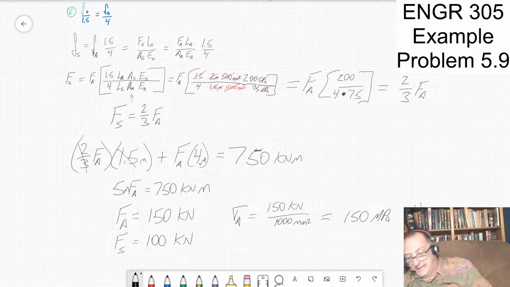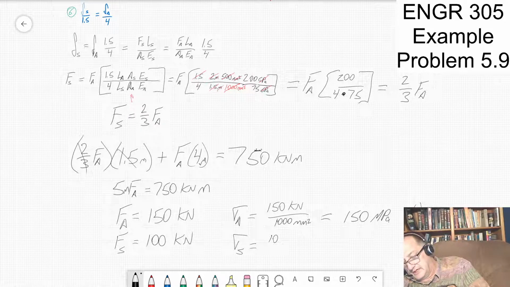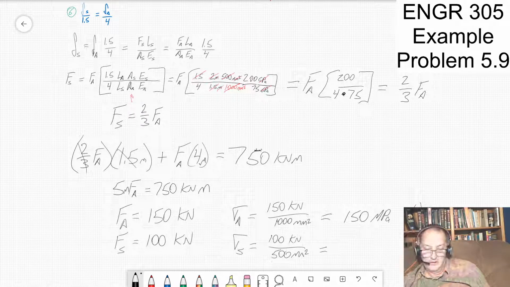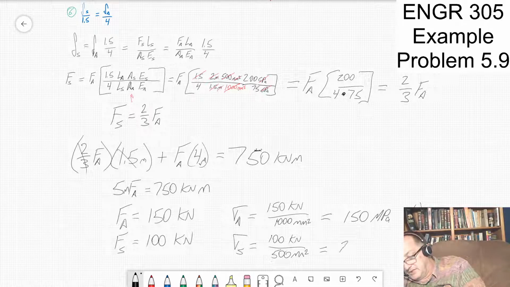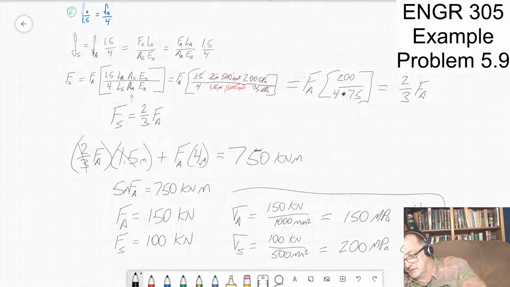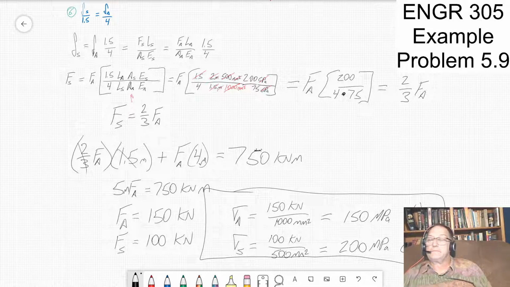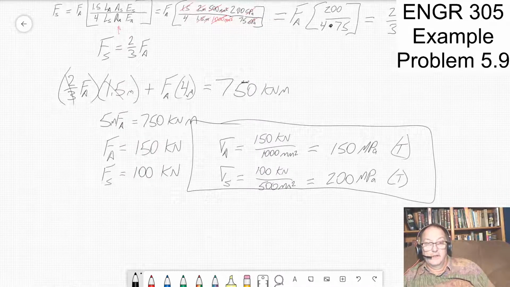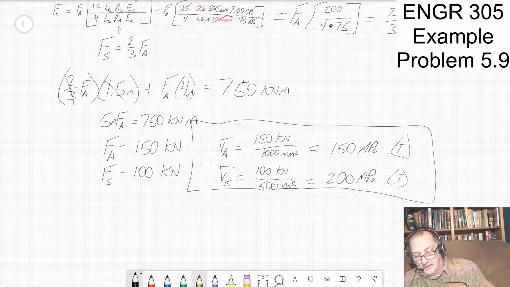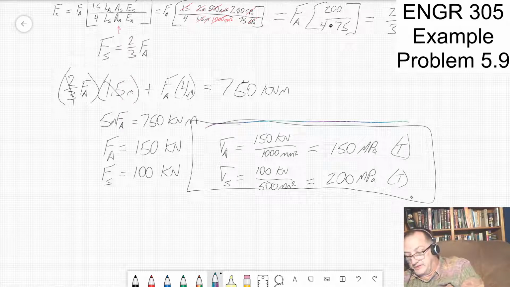And then I've got the stress in the steel is equal to 100 kilonewtons over 500 millimeters squared. Well, that's going to give me 200 megapascals, also in tension. And that's pretty good. That actually calls for a rainbow sprinkle circle.